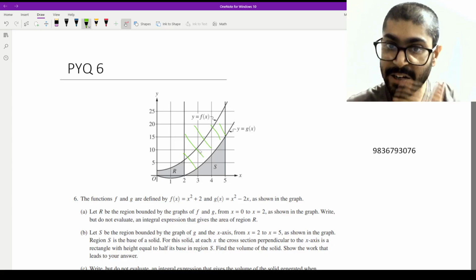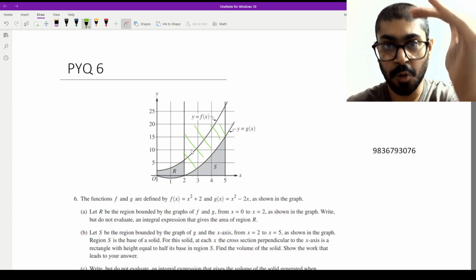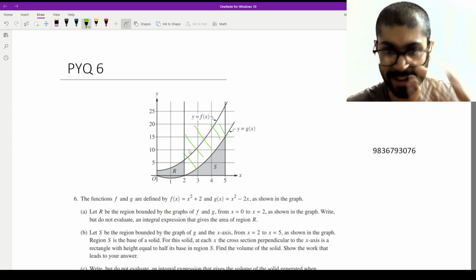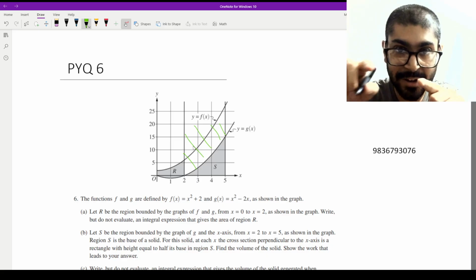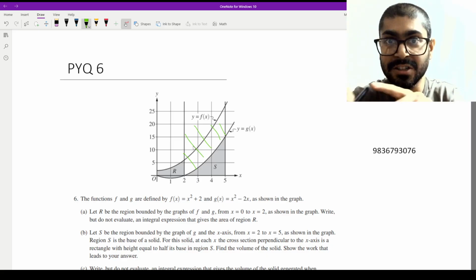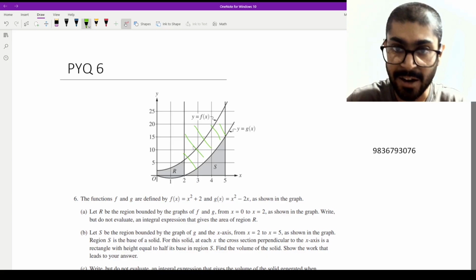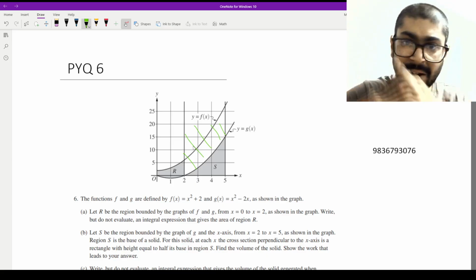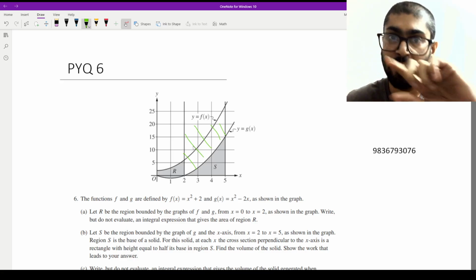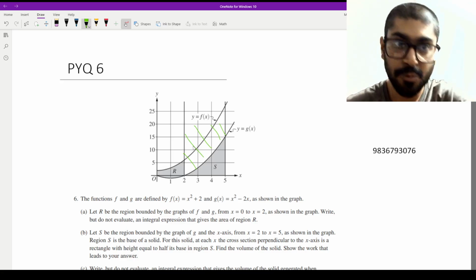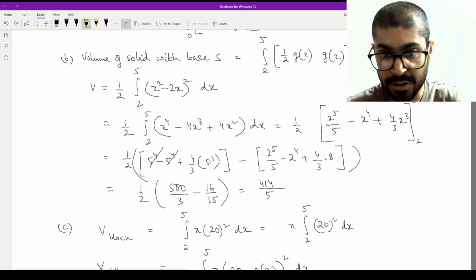This green portion is the white space, and in 2D terms this is 20 minus g(x). So between 2 and 5, 20 minus g(x) gives us the area which is not g(x), and y = 20 gives me the entire area. So 20 minus g(x) will give us the area of S, and when we integrate that in terms of volume, we will get the volume as required. I hope you understood this part.